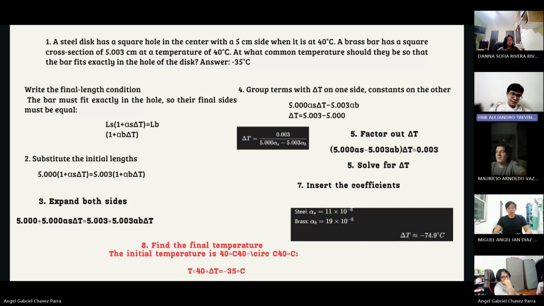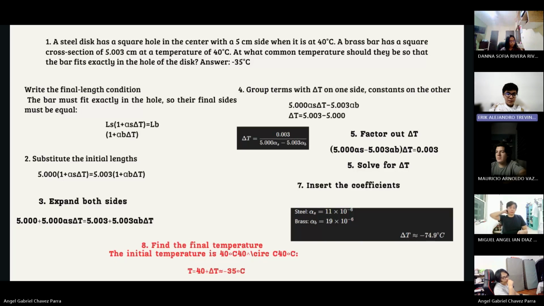That is the exact same. We are going to substitute the initial lengths. Now we expand both sides.